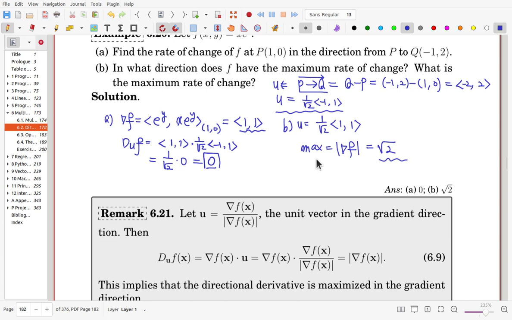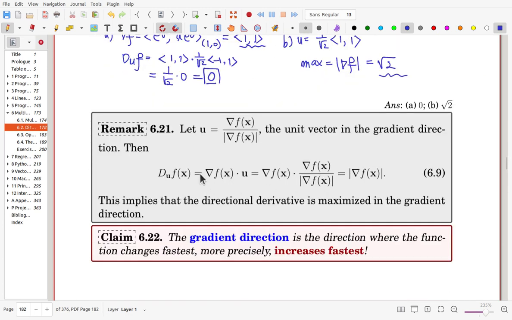This means that in the gradient direction, the function is changing fastest. That's the conclusion we want to get.